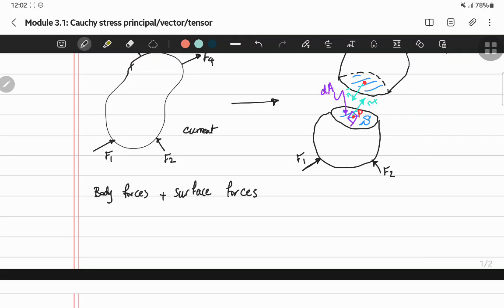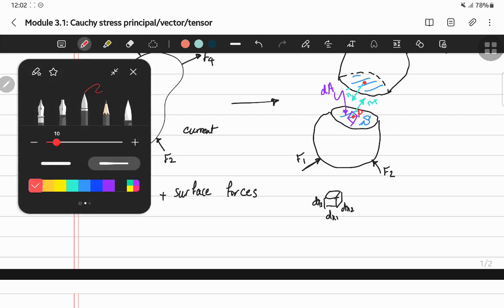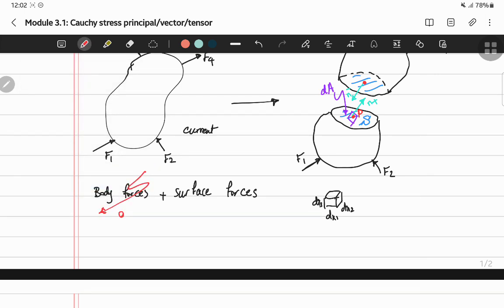The Cauchy stress principle says that since this dA, or the volume that embraces this point P, is very, very small, for example, dx1, dx2, and dx3, and since these are applied to the volume, we can neglect these terms. Then we have these surface forces.